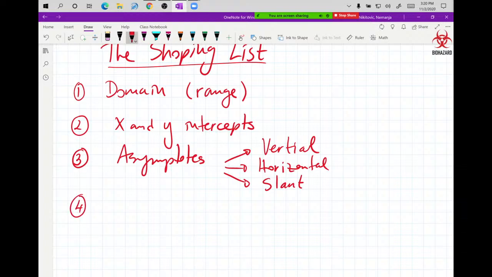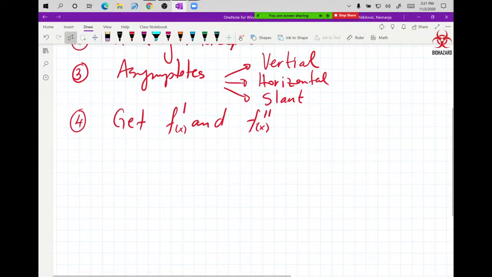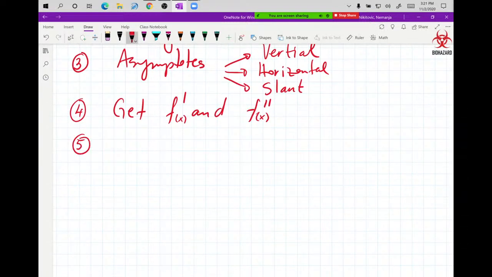And now, number 4, get f prime and f double prime of x. So find the first and the second derivative, so that number 5 you can do your first derivative test, and then for number 6 you can do your second derivative test.